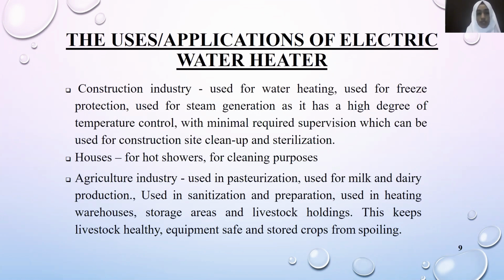In houses, we use it for hot showers and cleaning purposes. In the agricultural industry, we use it in pasteurization, milk dairy production, sanitization and preparation, and in heating warehouses and storage areas.